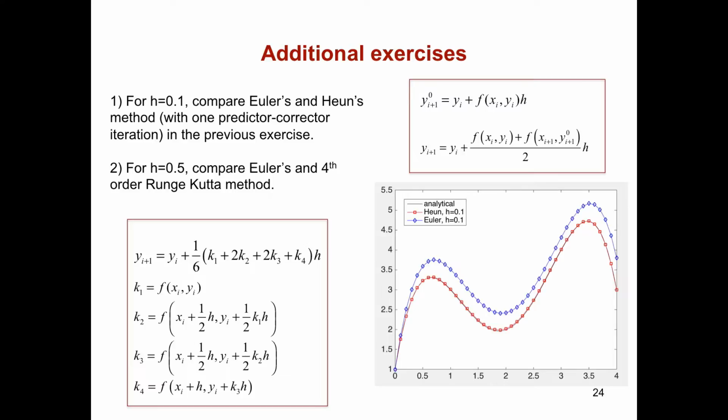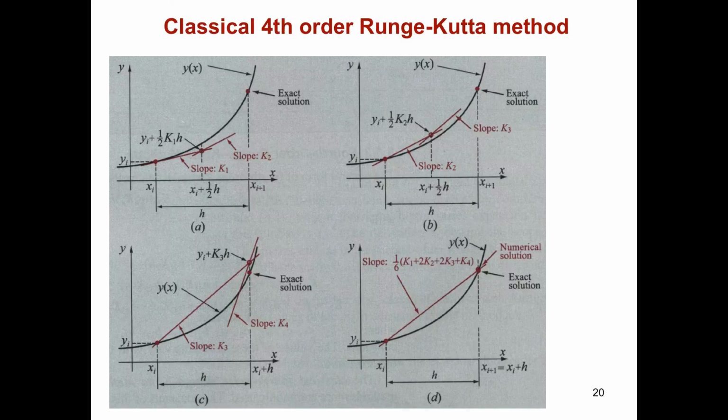So graphically, this was your slope k1. You took that slope only halfway, 1/2 h. And this is your prediction for y at that point. So you evaluate f at this x point and this y point, which is the slope at that point. So that's your second slope.